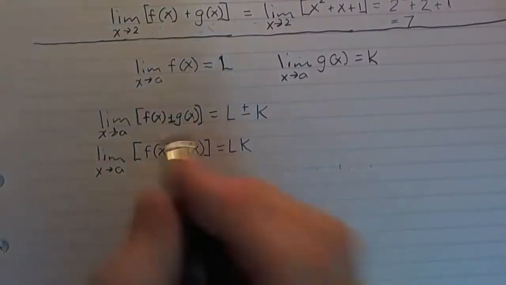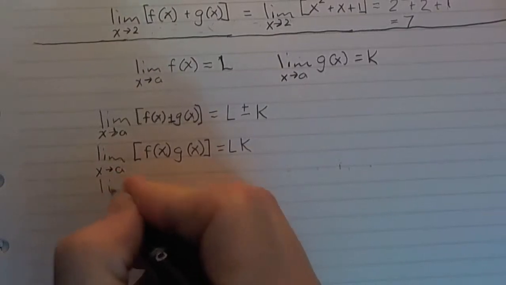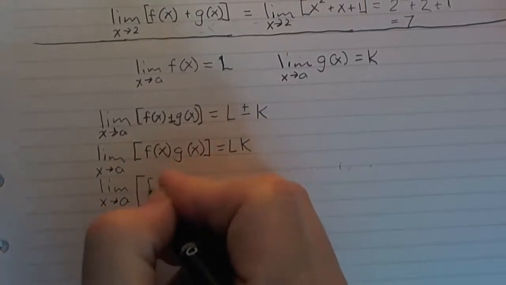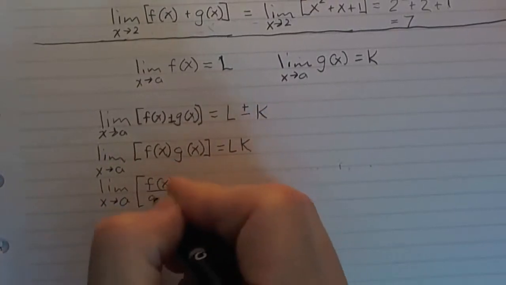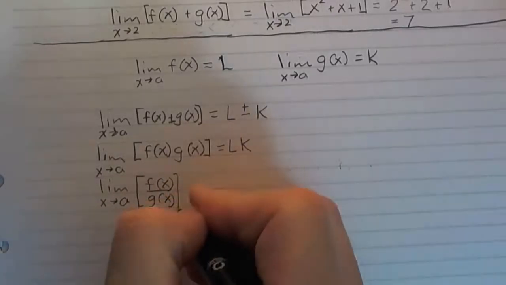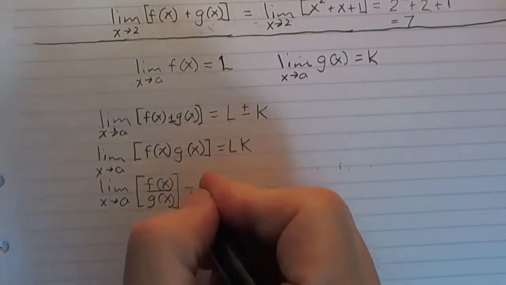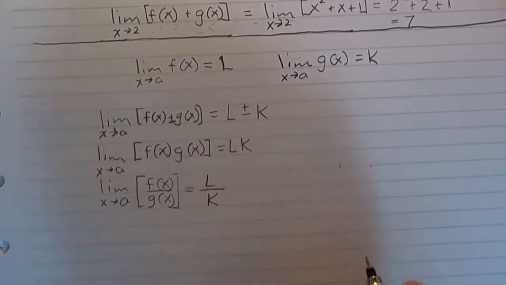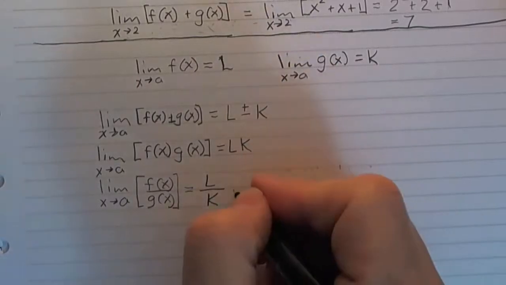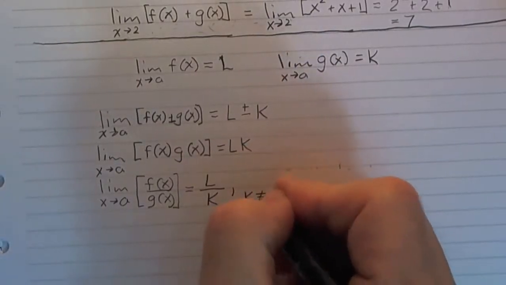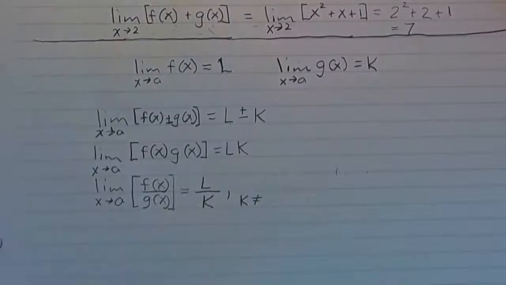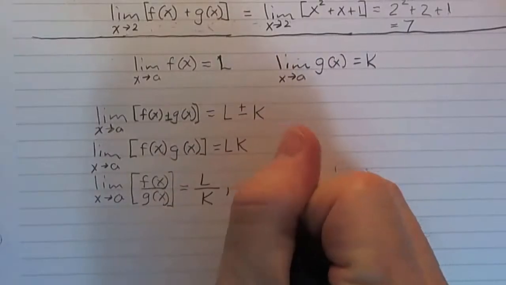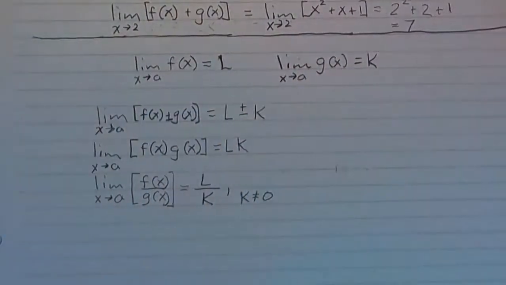We could also look at this one, the limit as x goes to a of f of x over g of x. We've got to be careful when we have fractions like this, because this is going to be L over k generally, provided that k does not equal 0.